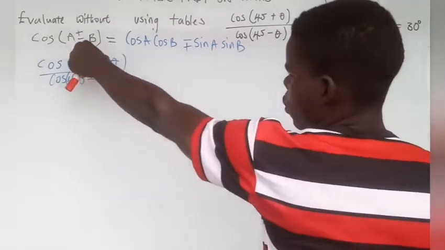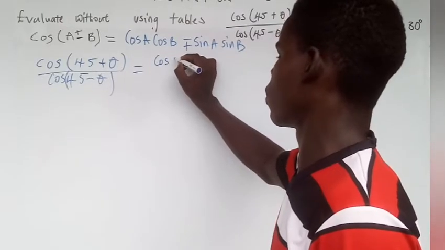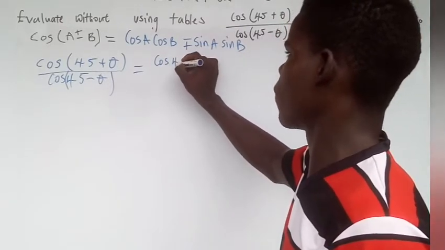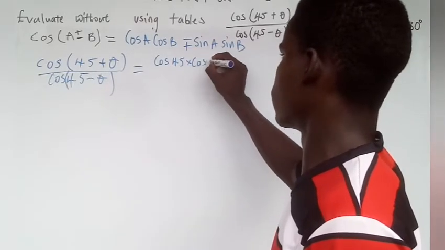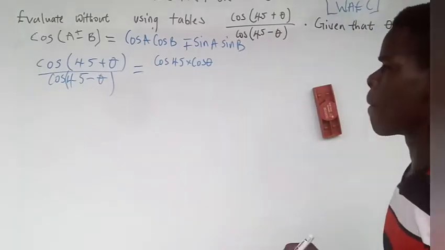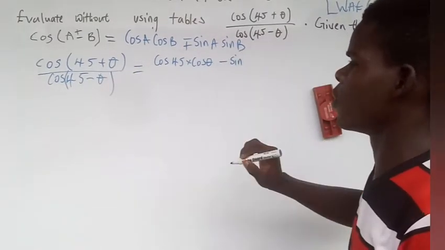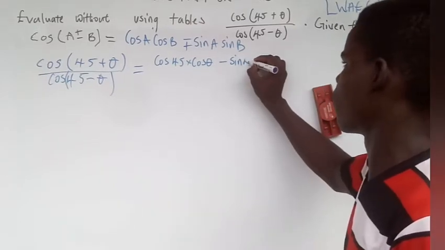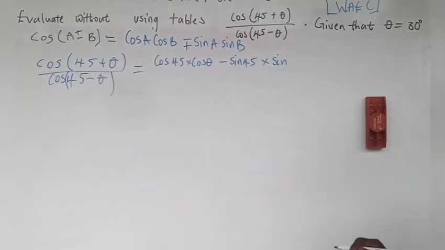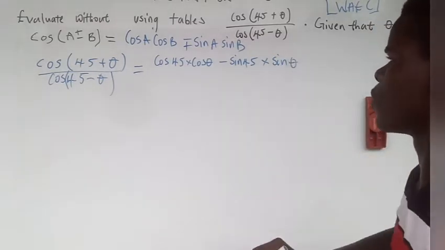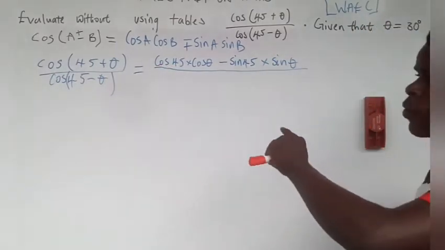Now 45 has taken the place of A, so that will become cosine 45 times cosine theta. This is plus, so that will be minus sine A. A is 45, times sine B, which is theta, divided by cosine 45 minus theta in the denominator.